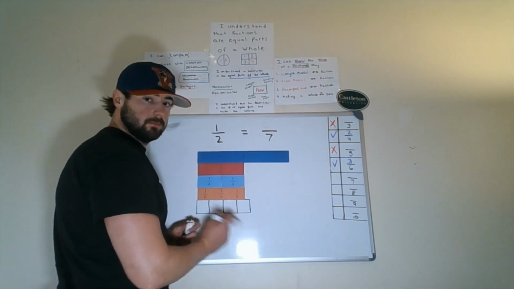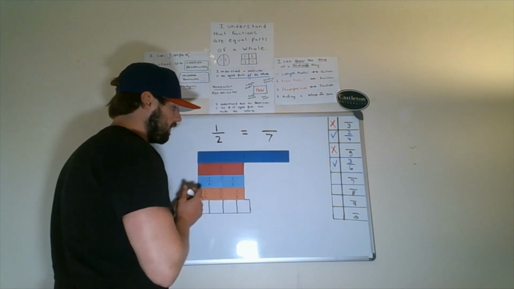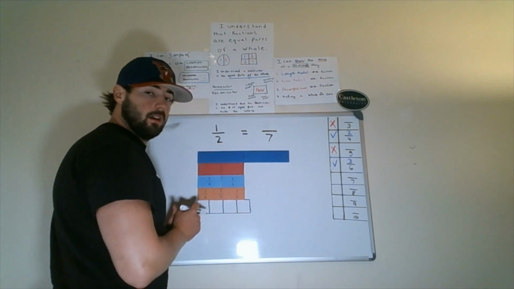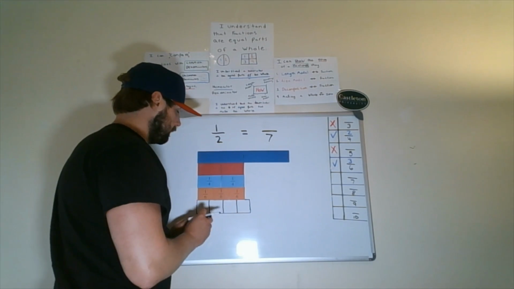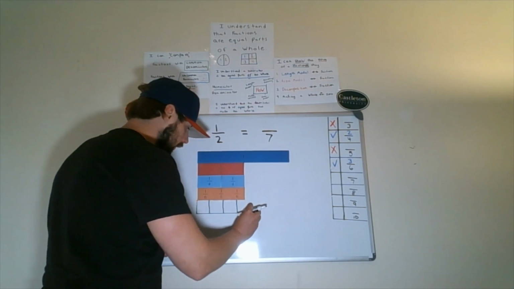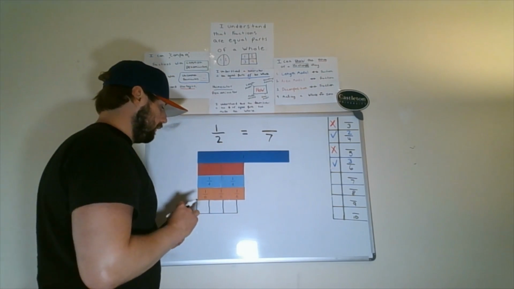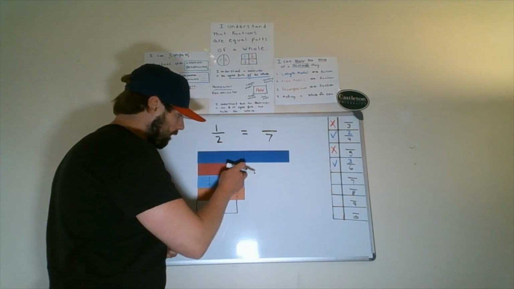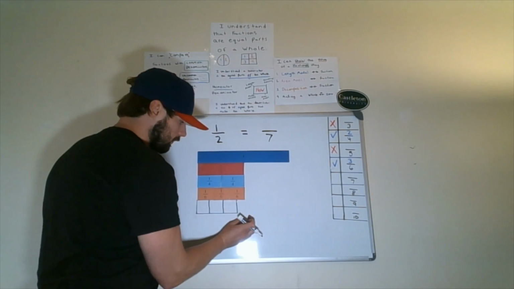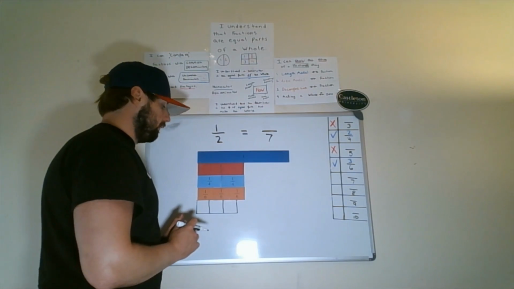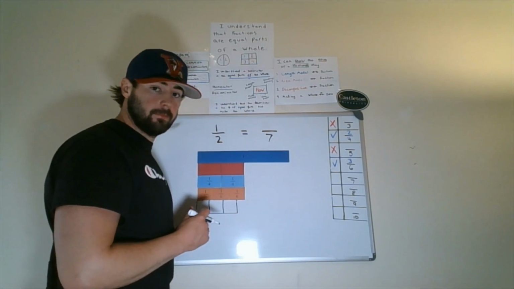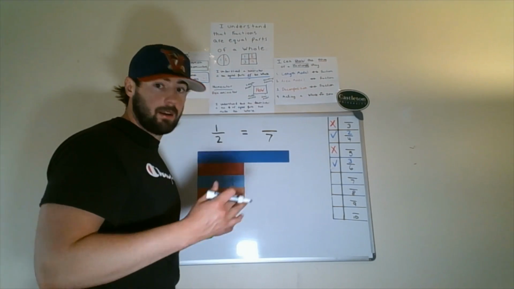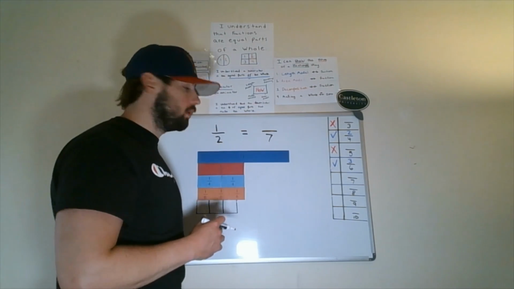Can you tell? Nope. 4/7 is definitely greater than 1/2. What about 3/7? Definitely not. 3/7 is definitely less than 1/2. Sevenths cannot be equivalent to 1/2.